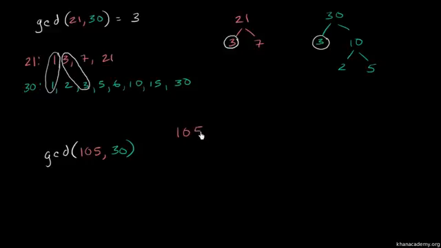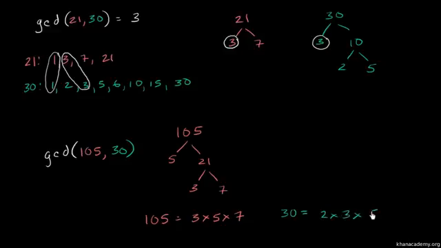But if you do a prime factorization, 105 is divisible by 5, definitely. So it's 5 times 21, and 21 is 3 times 7. So the prime factorization of 105, if I write them in increasing order, is 3 times 5 times 7. The prime factorization of 30 we already figured out: 30 is equal to 2 times 3 times 5.